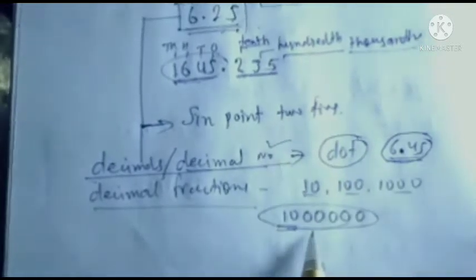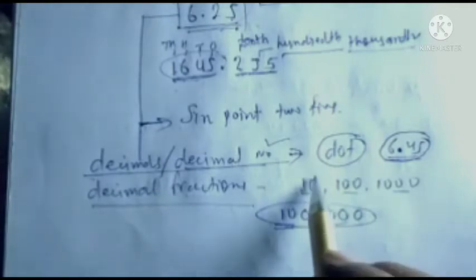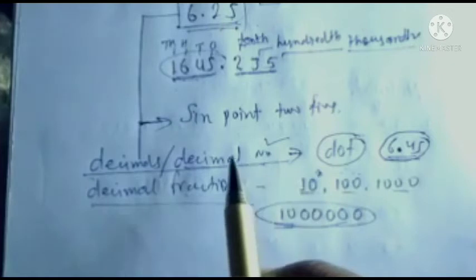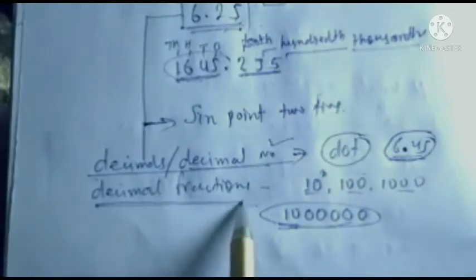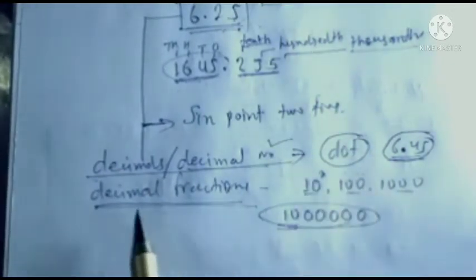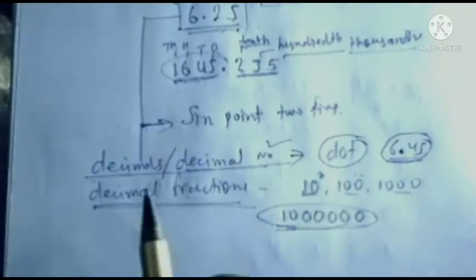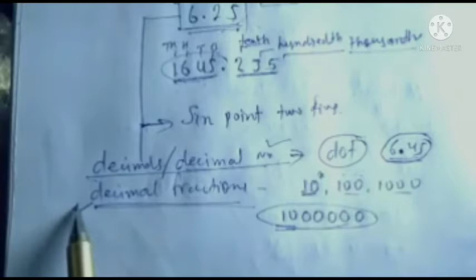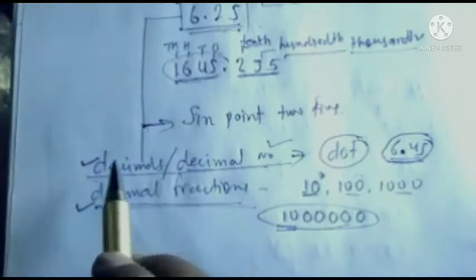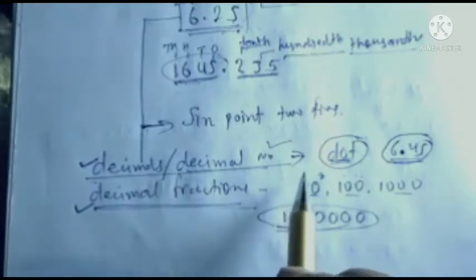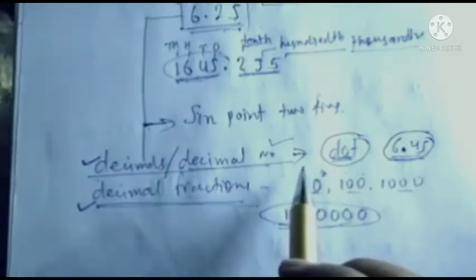Simply we increase the power of 10. So numbers written in the form of a fraction whose denominators are 10 or a higher power of 10 are known as decimal fractions. Otherwise the numbers written using the dot or point are known as decimal numbers or simply decimals.